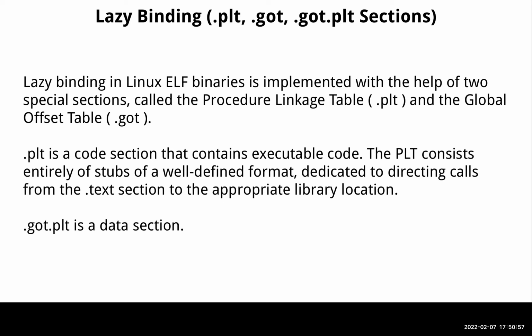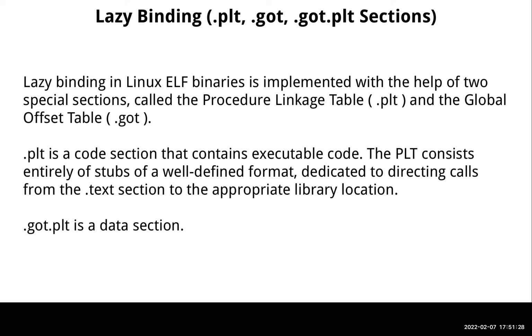The lazy binding in Linux is implemented with the help of 2 sections. One is called the procedure linkage table, PLT. Another one is called the global offset table, or GOT. PLT is a code section, it's executable. This section contains an array of stubs. Basically, each is a very small piece of code to call other code, of a well-defined format.